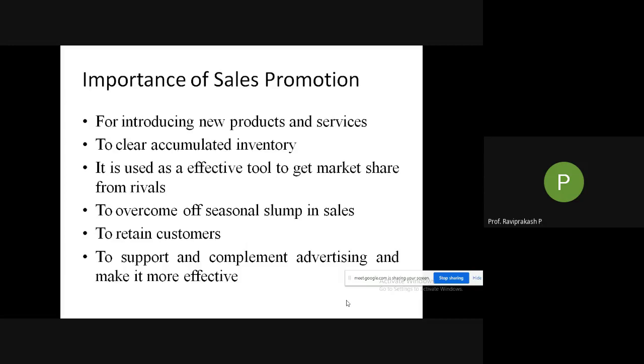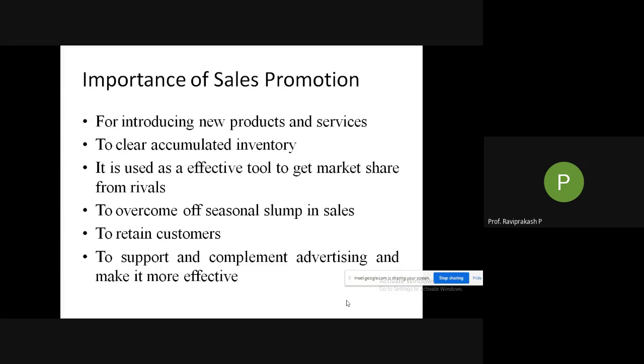You are not the only company in the market; there might be many companies competing with you. They might have come with some offers like this. So to retain your customers, to bring back your customers to you, you also need to give some offers or some discounts. So there also we are using sales promotion.